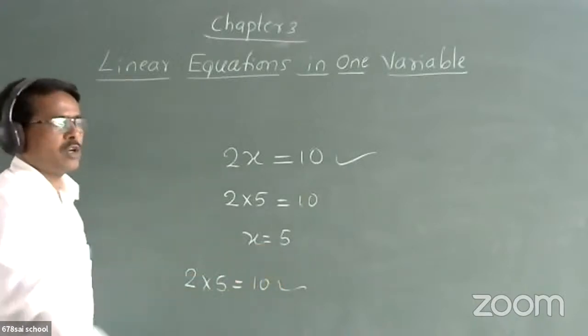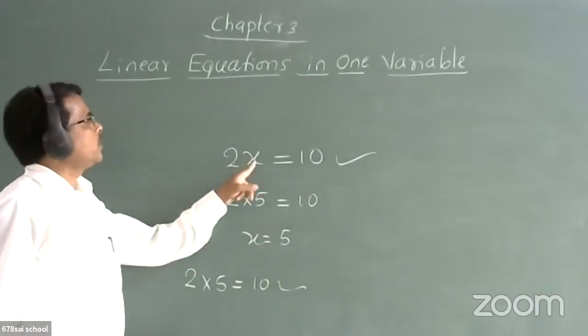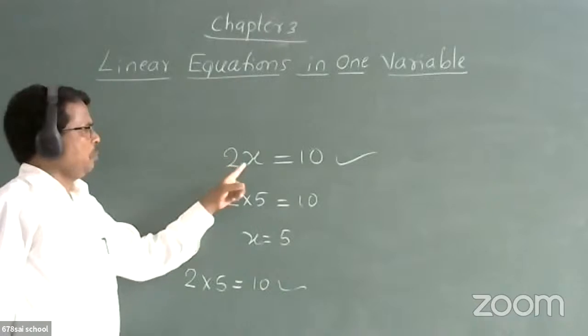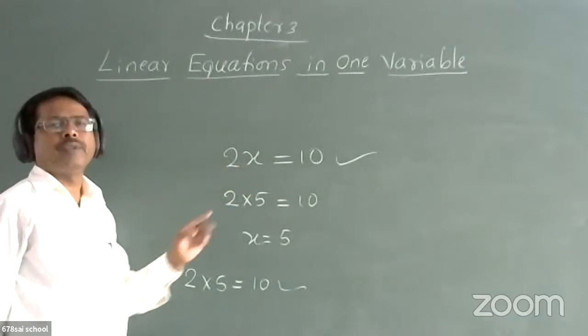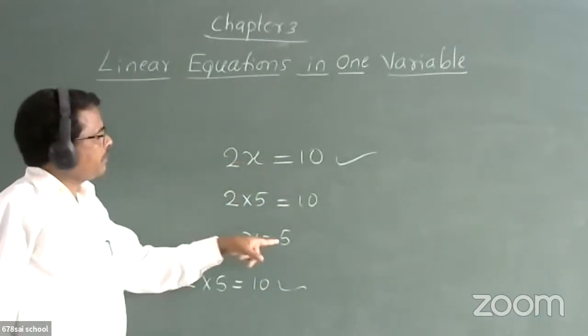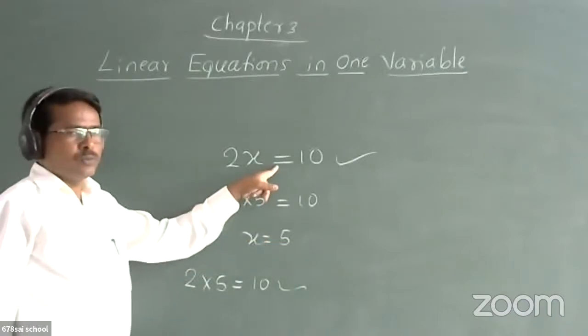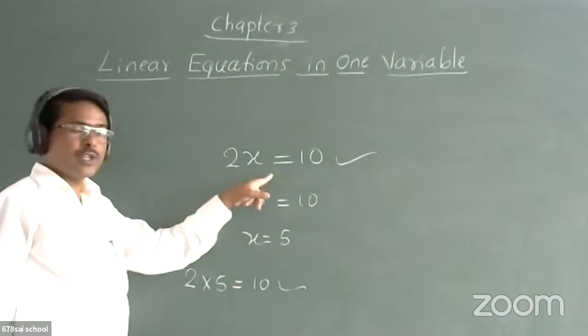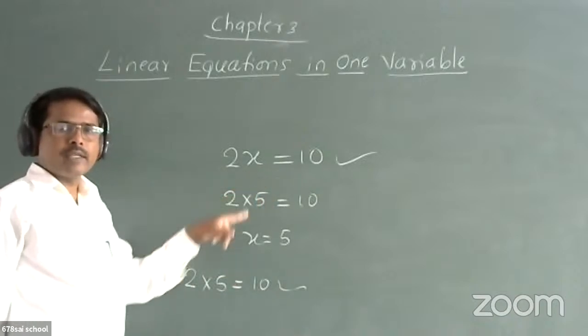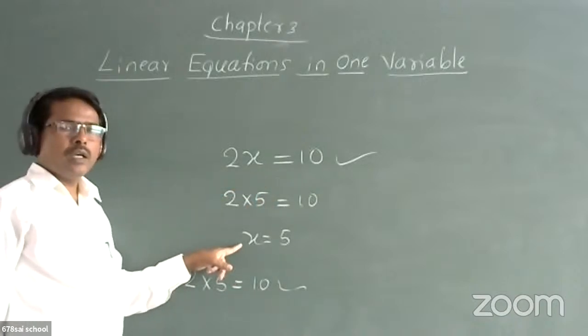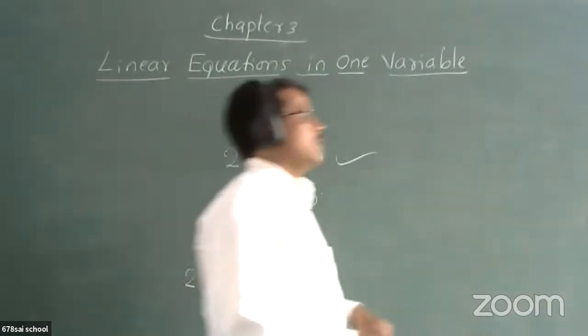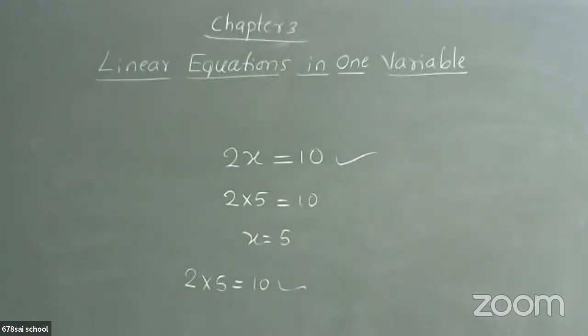For other values, not true. You put 1, 2 ones are 2 will come, not 10. Put 3, 3 2s are 6 will come, not 10. Only for 5 it is true. So 5 is called the solution of the equation.